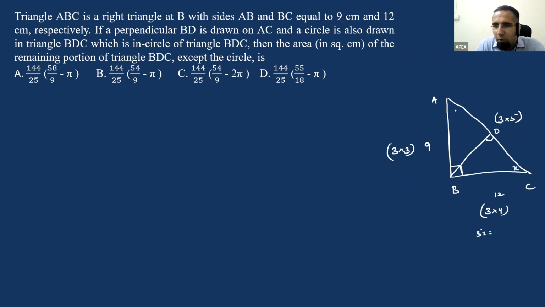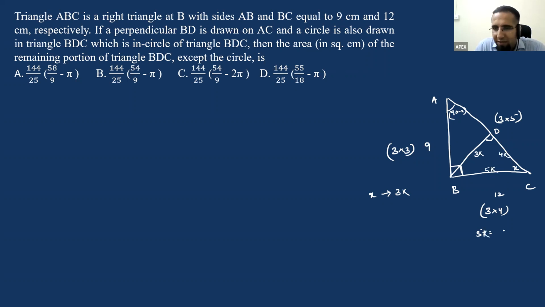One of the angles is equal to x, so this angle becomes 90 minus x. So remember, opposite to x, I repeat, opposite to x is a multiple of 3. So in this triangle also, opposite to x will be a multiple of 3. Opposite to 90 is a multiple of 5. So therefore, this value becomes a multiple of 4.